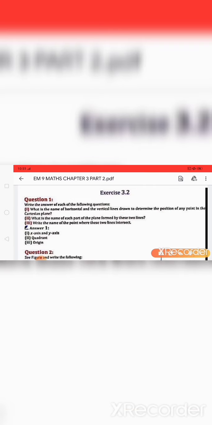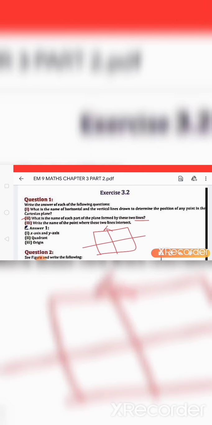Next, question 2. What is the name of each part of the plane formed by these two lines? We have to write the name of each part formed by these two lines. The two lines intersect each other and divide the whole plane into four parts: first part, second part, third part and fourth part.